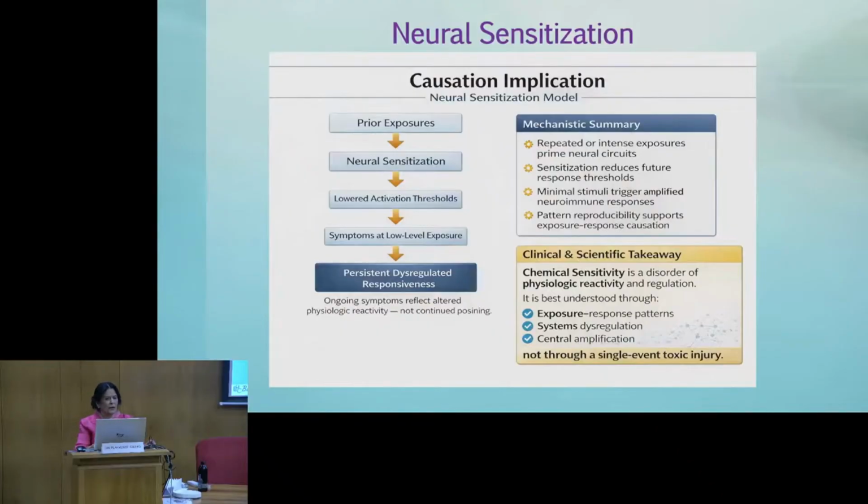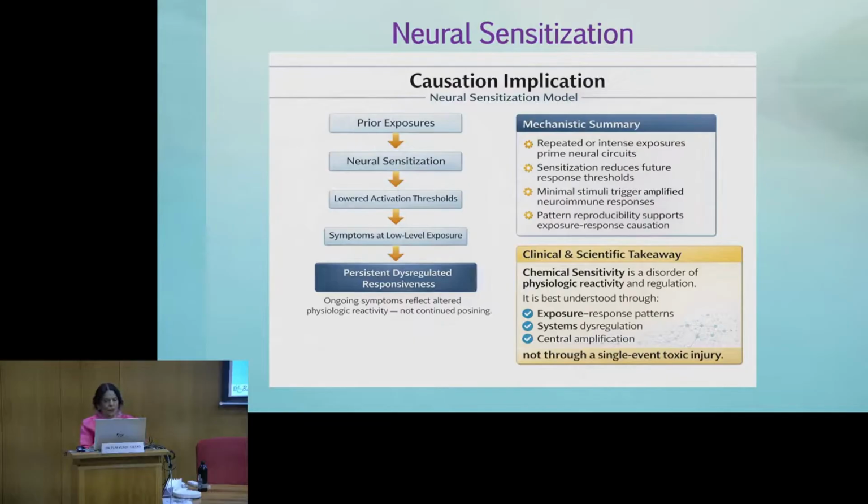So in summary, you need to have a prior exposure resulting in neural sensitization, a lower activation threshold, and symptoms even at a low level exposure, and then it results in persistent dysregulated responsiveness.